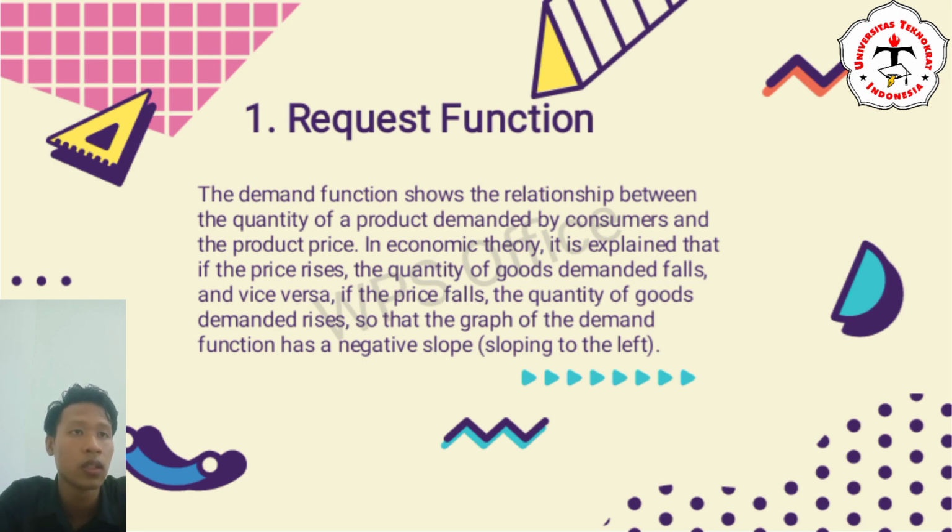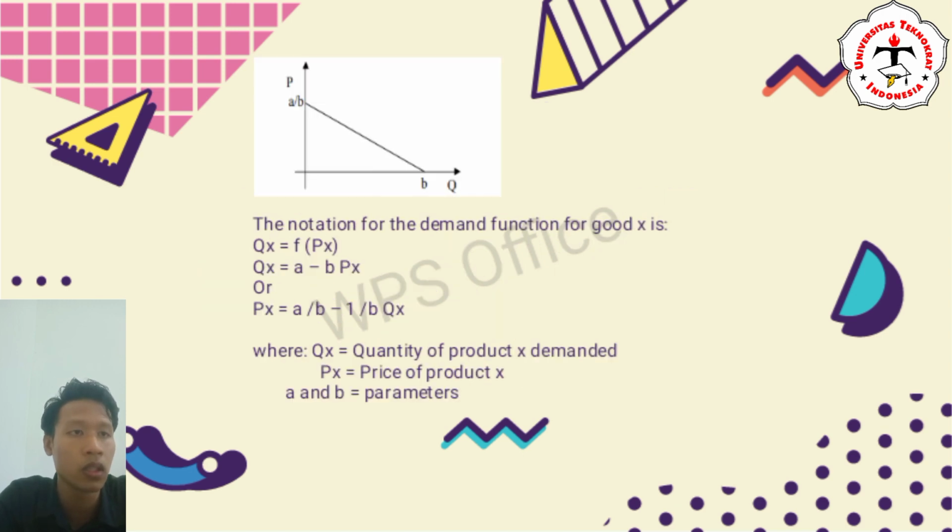This is what this diagram shows. The notation for the demand function for good x is Qx equals f(Px), Qx equals a minus b Px, or Px equals a over b minus 1 over b Qx, where Qx is the quantity of product x demanded and Px is the price of product x. a and b are parameters.